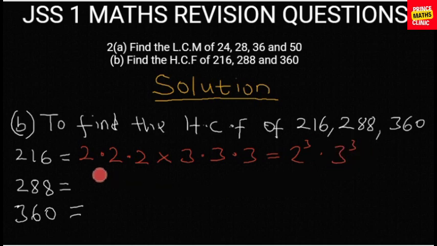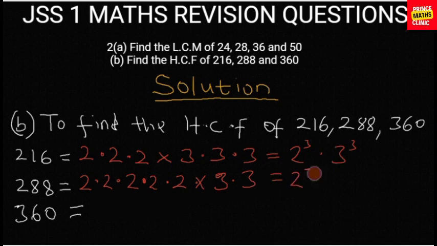3 times. Good. So 288 is 2 times 2 times 2 times 2 times 2, right? Then multiply by 3 times 3. 2 here is in how many places? 5 places.